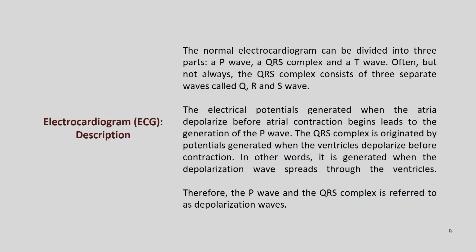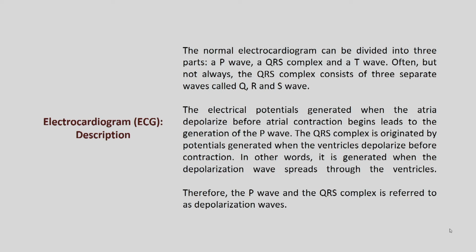So, let us understand the major visible components of ECG, and what they mean. Whenever we are talking about ECG recording or electrocardiogram, there are a few waves that we are going to see in that particular page. First is the P wave, then the QRS complex, and then third is the T wave.